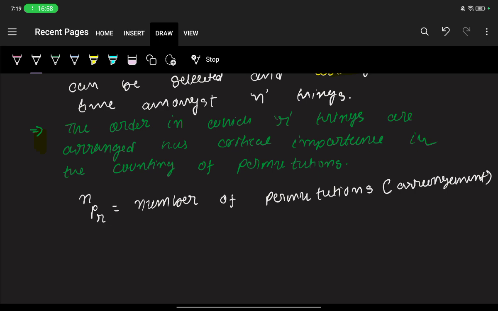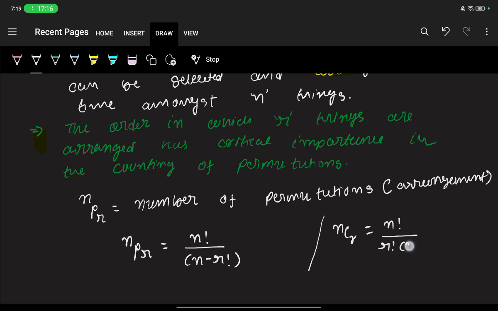It's an arrangement of n things taken r at a time. So you can write NPR as n factorial divided by n minus r factorial. That's the difference. In NCR, what was the formula? It was n factorial divided by r factorial multiplied by n minus r factorial. Here in permutation, we are excluding this r factorial.